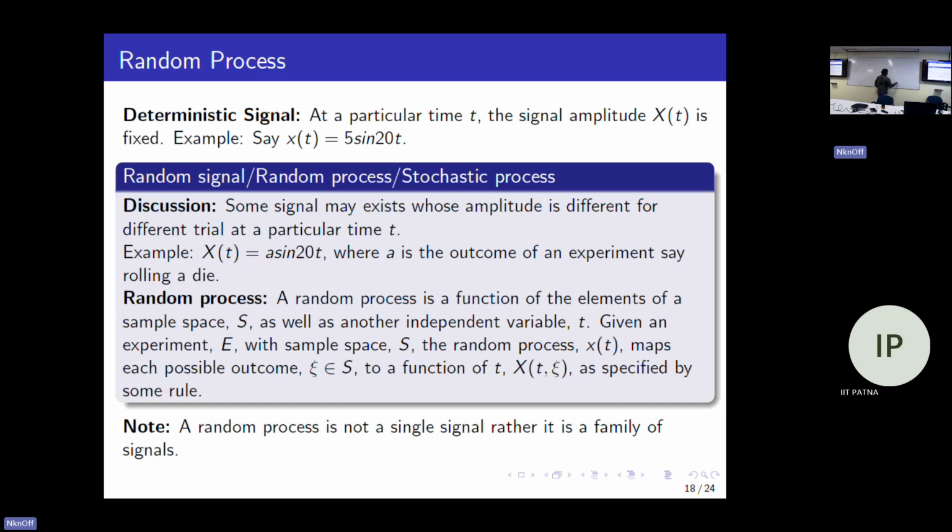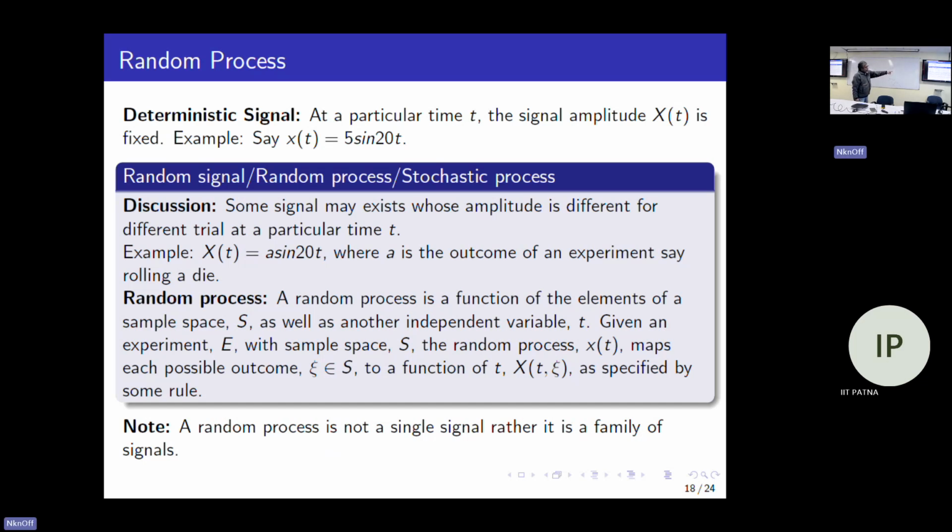It may be something different, right? So now it's interesting. We have an outcome, so the signal is not only a function of time, but also a function of zeta. That is what is written very specifically. A random process is a function of the elements of a sample space, and these zeta are the elements of the sample space.